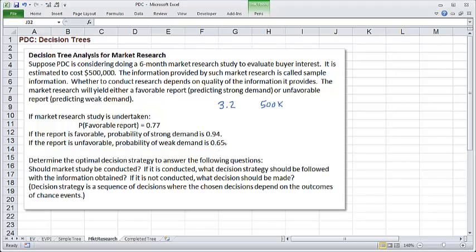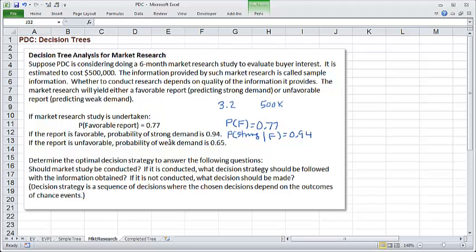Notice we could write the given probabilities like this. This one we could write as P of F, meaning probability of favorable report, is 0.77. Now this one is a conditional probability because we are given that the report is favorable. So we could say probability of strong demand given favorable report is 0.94.